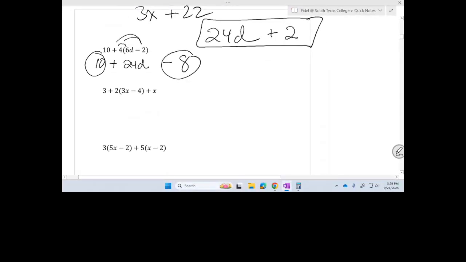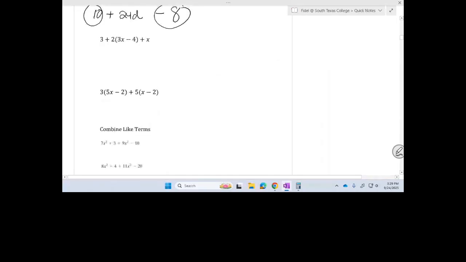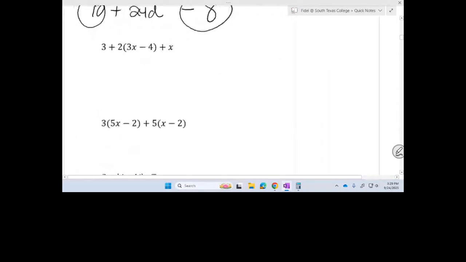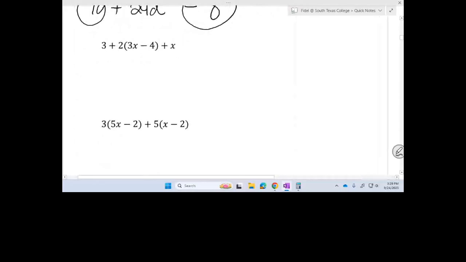Let me zoom out a little bit. Oops, sorry. Okay, just a few more here, y'all, in our list. So again, I'm going to do the same thing here with this next one. I'm going to multiply my 2. So I'm going to leave that 3 alone. Okay, 2 times 3 is 6. 2 times 4 is 8 plus an x.